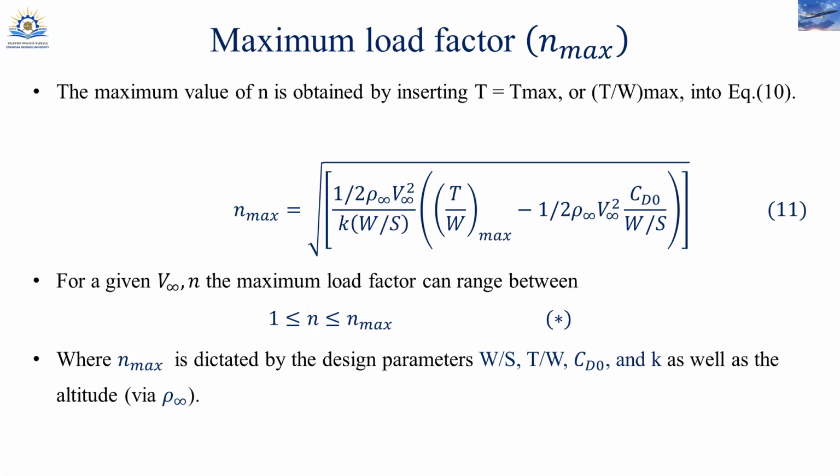N max is dictated by the design parameters: the wing loading W over S, the thrust to weight ratio, the aerodynamic coefficients CD naught and K, as well as the density. These are some of the factors you can see in the equation itself.